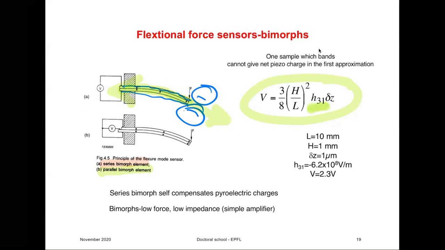It's compression not along the polarization, but perpendicular to it, which matters. And for typical values, you can easily get several volts.